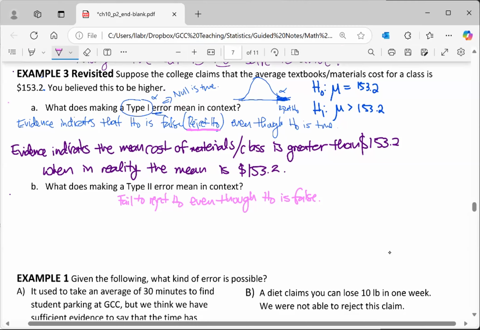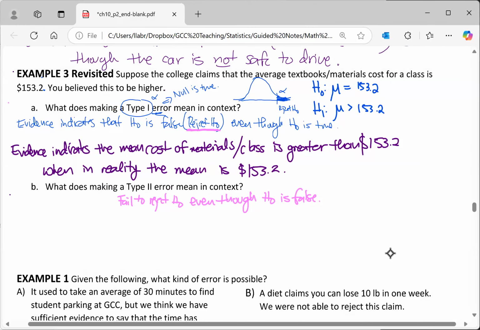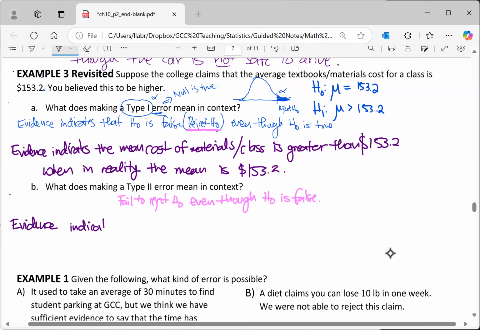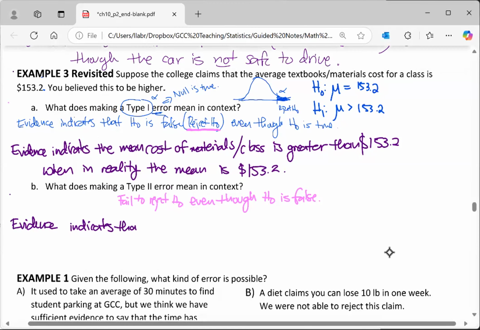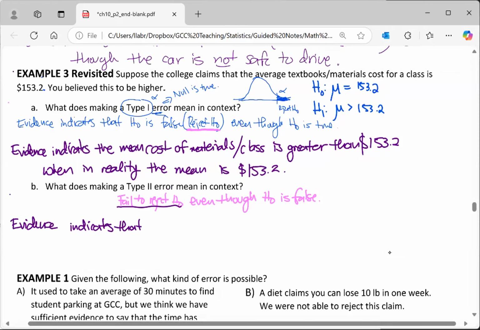All right, let's go ahead and summarize that in context. So remember, it's all based on evidence. So our evidence indicates that, so let's see what happened. We failed to reject the null. So that means that my sample seems to support the null hypothesis.